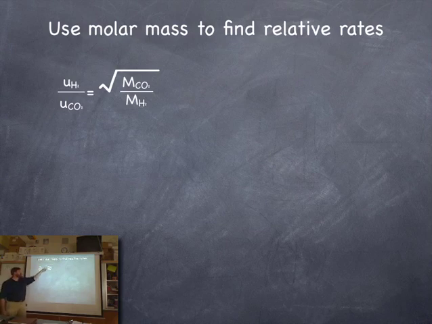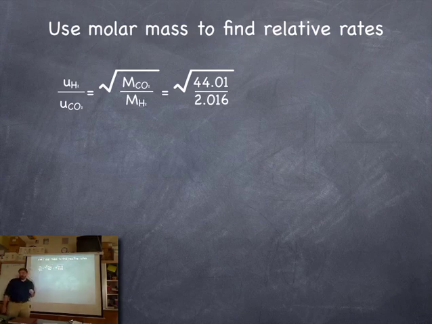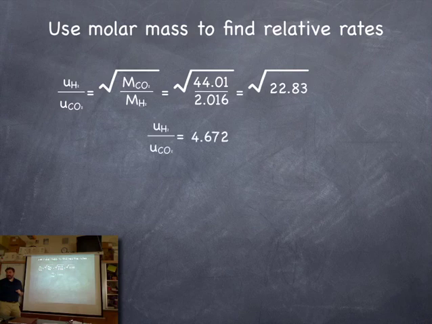Notice carbon dioxide is on opposite sides, bottom and top. The molar mass of carbon dioxide is 44, and the molar mass of hydrogen is 2. We can divide that out, take the square root, and find that the rate of effusion of hydrogen is 4.6 times faster than the rate for carbon dioxide.